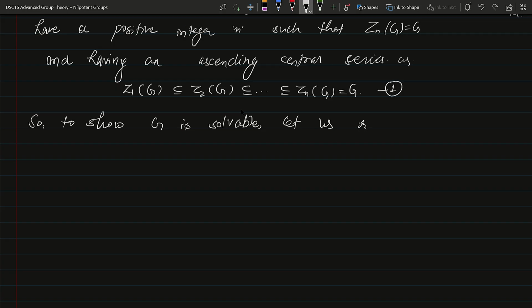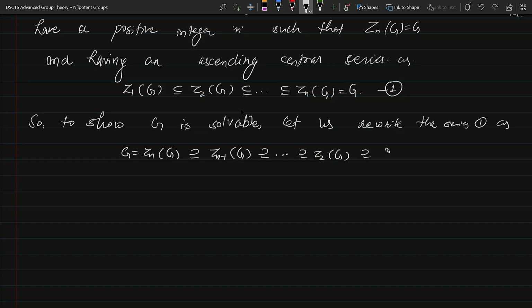Let us rewrite the series 1 as G, that is equal to Zn(G), containing Z(n-1)(G), containing, and so on, containing Z2(G), containing Z1(G). Now we need to show that this Z1(G), the center of G, has to be equal to the identity. This is the last one.